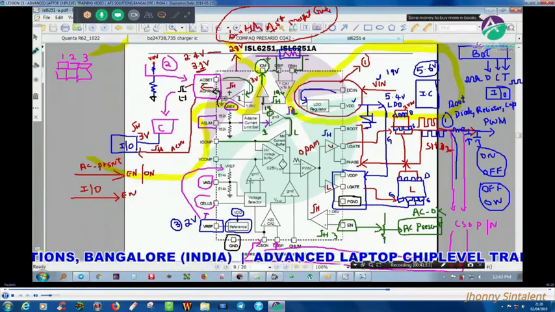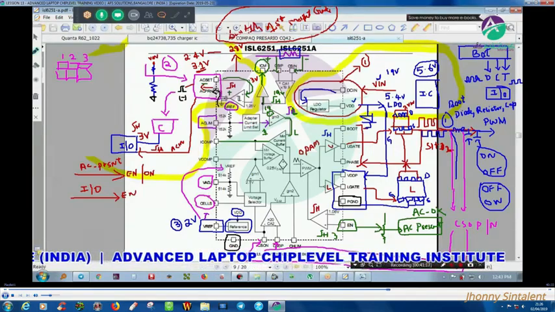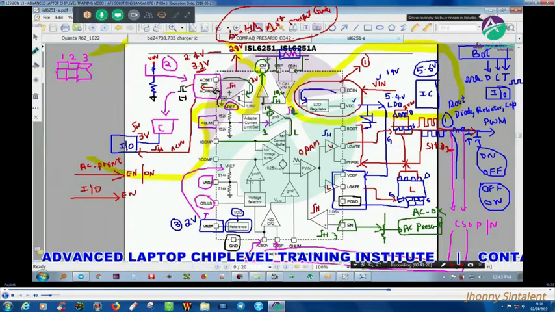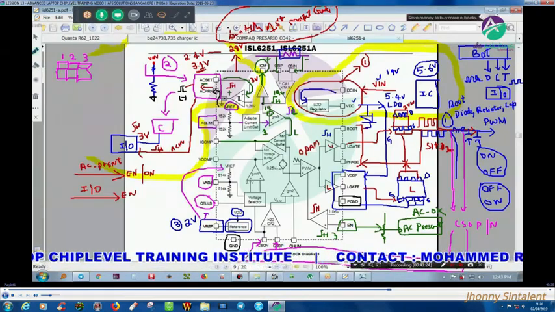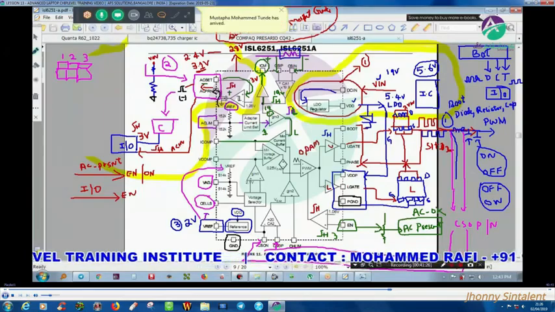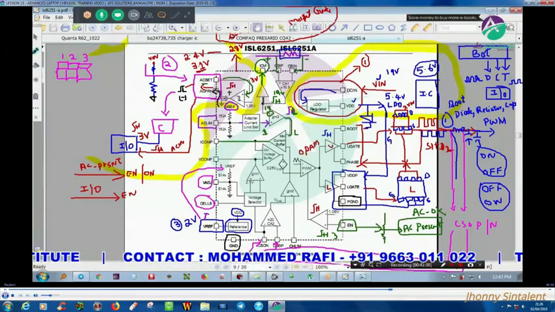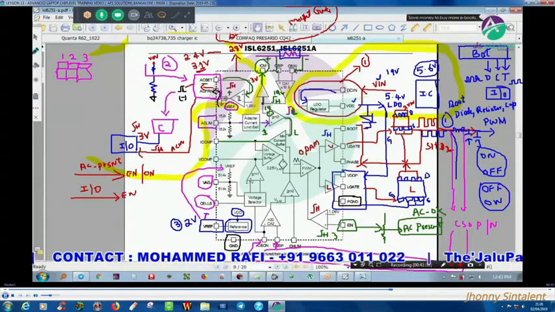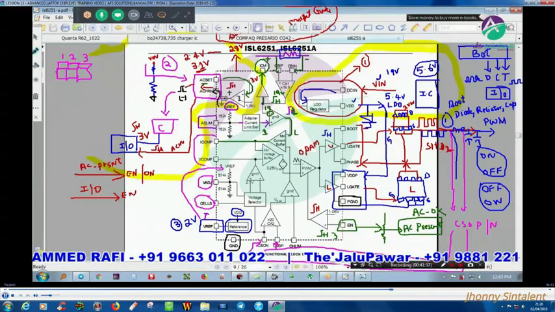When I'm going for the first cell, the ampere will be low. For the second cell, the ampere will be more. For the third cell, still more. Here everything is a game of current.